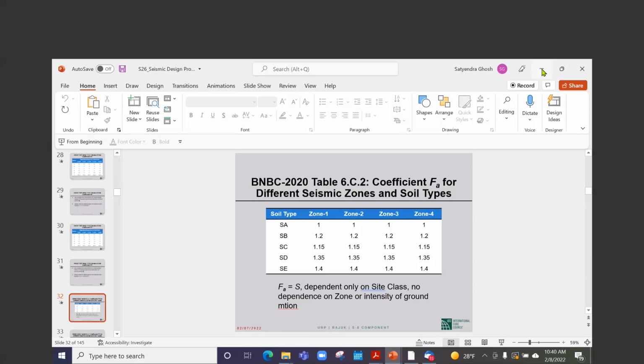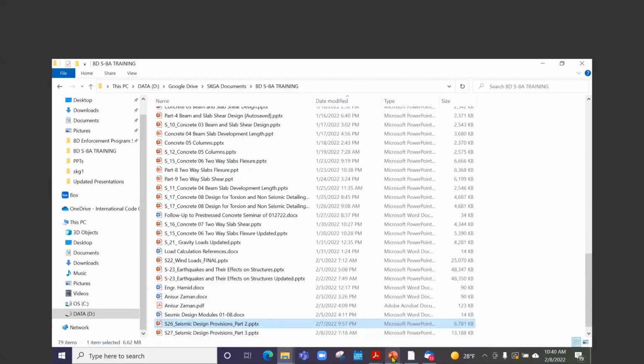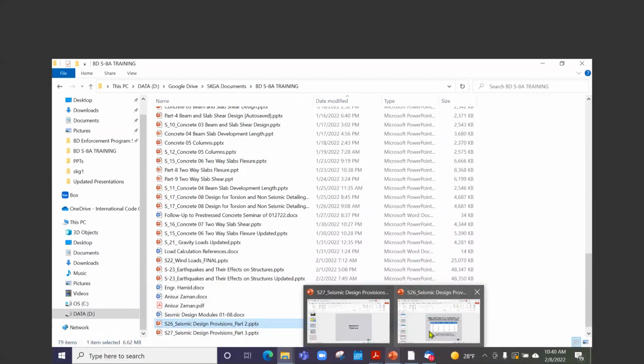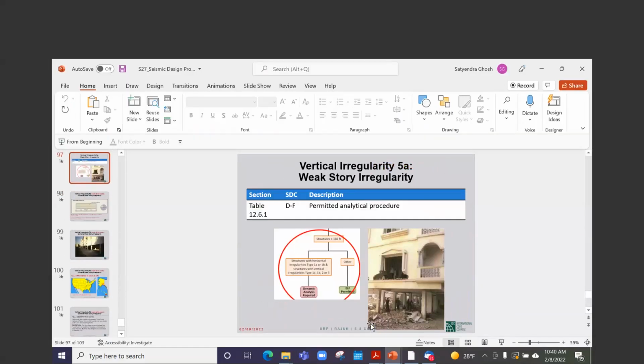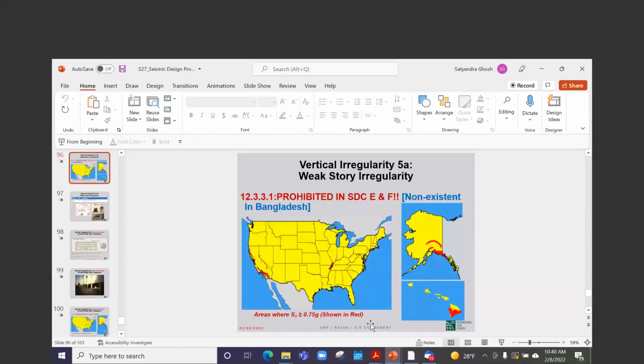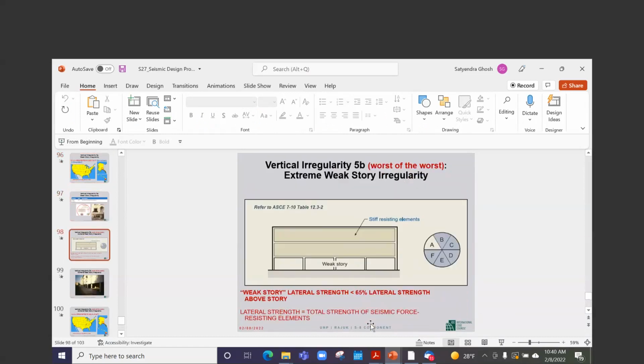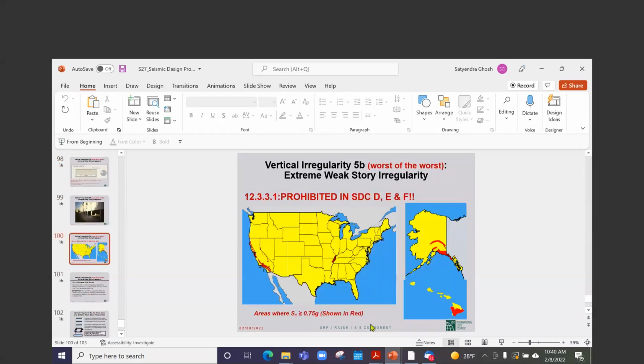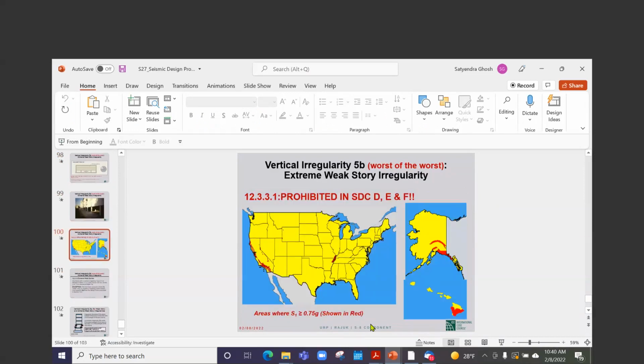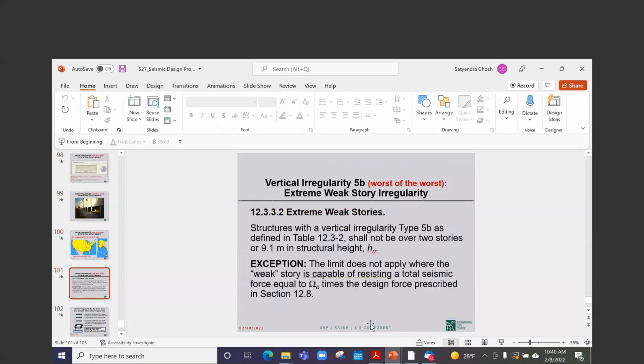Okay, so I think I kind of understand the question. Your question is about type 5B, when I say prohibited in D, E, and F. But I also said that it is really not prohibited. You cannot go beyond 2 stories or 9.1 meters.